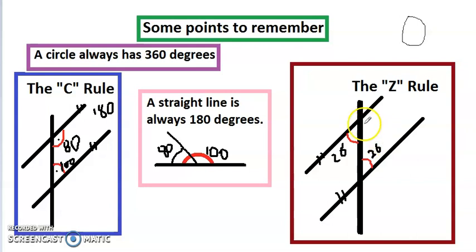Now if I ask you what would this angle be, it's simple, you put the C rule, that is to say 180 minus 26. Put that in the calculator and your answer should come. Okay, anyway, I'm not solving this, it's just simple.